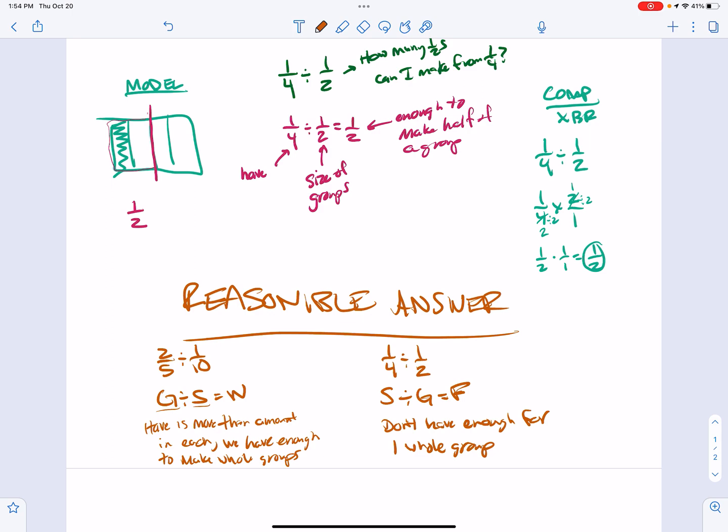So we can tell without even doing any calculations, if we compare the value of these numbers, that our answer is going to be a fraction. It's going to be less than 1. So if I get an answer that's greater than 1, that's an indicator that maybe I did something wrong. Same thing over here. 2/5 divided by 1/10: if I have a greater fraction divided by a smaller fraction, my answer at least needs to be 1 whole, and it could always be a mixed number. So if I get something that's just a fraction, I've done a problem and I've got to figure out where I went wrong.